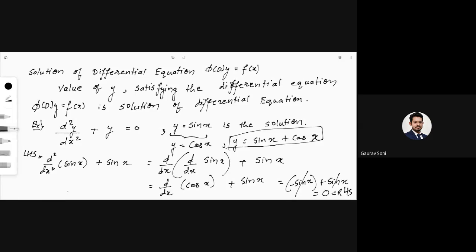With this, y is equal to 3 times sin x plus 3 times cos x. This will also be a solution. I can take 100 times sin x, 200 times cos x. That will also turn out to be a solution. It means that I am missing something. I mean, there are infinitely many solutions for this differential equation, and that is true for any differential equation.